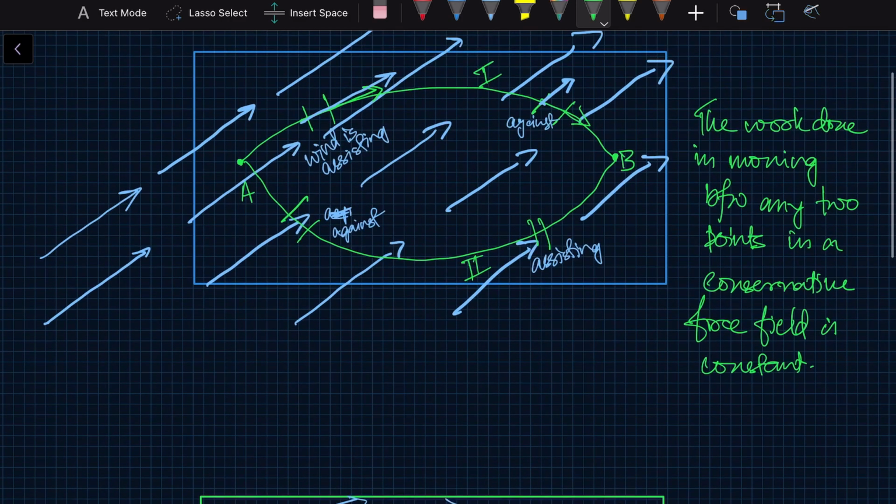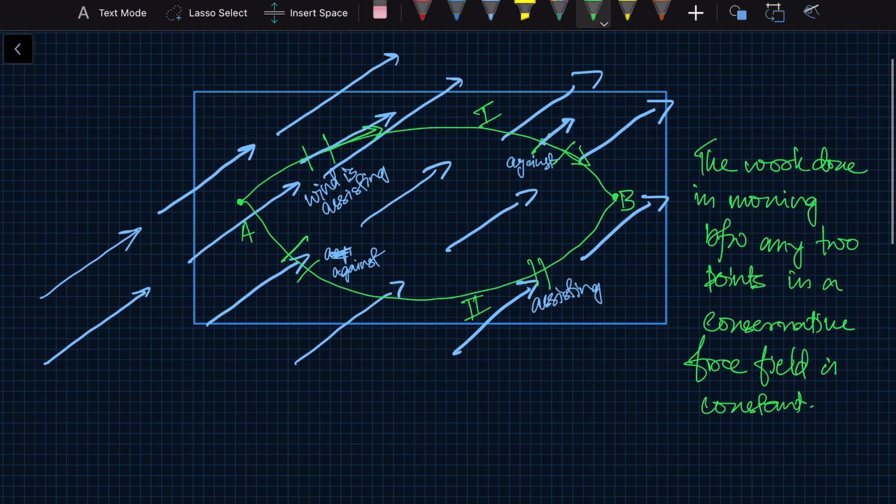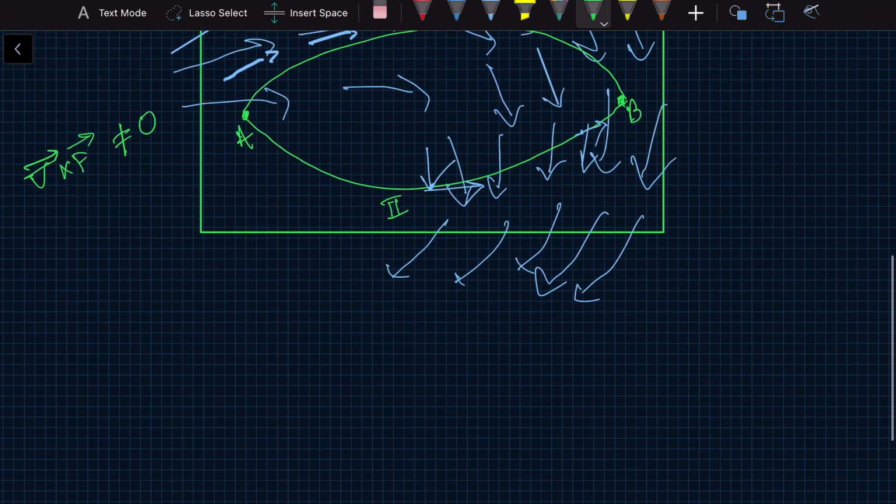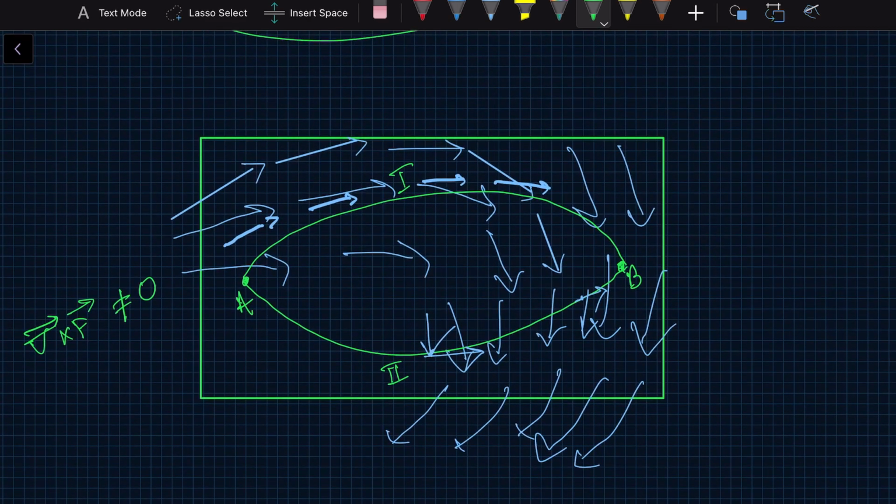In the previous example, as we have taken, the curl of force was equal to 0, and so this thing worked. But here it's not like that.